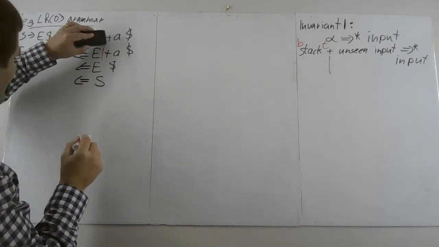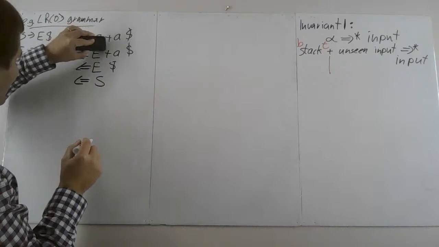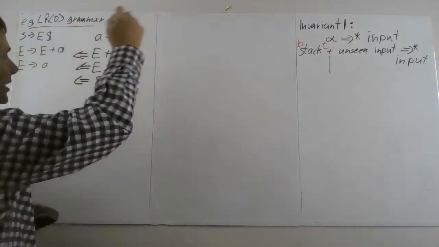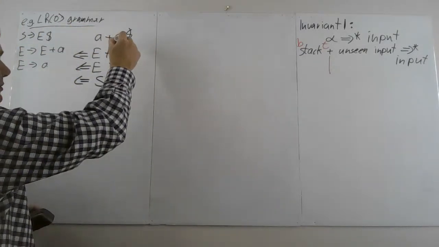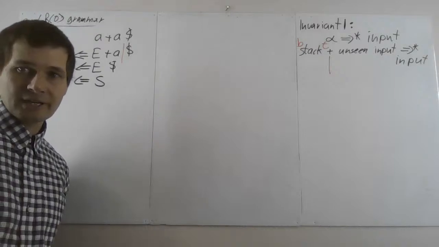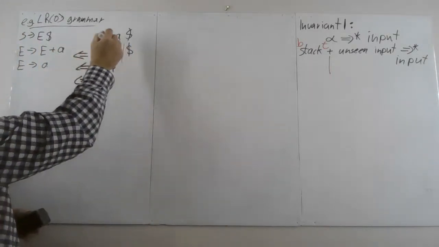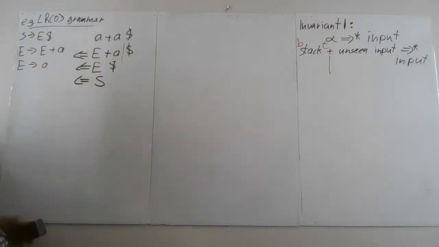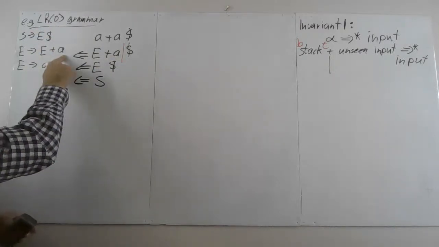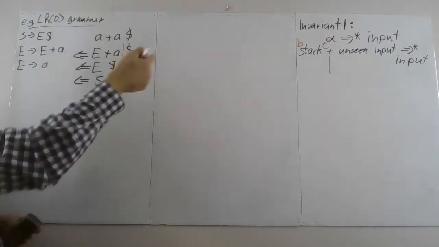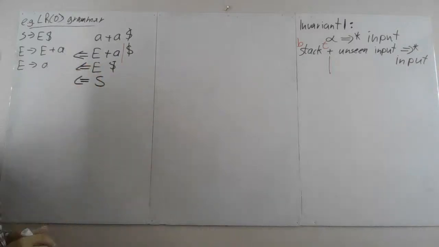You would take two symbols, one after the other, read them off the unseen input, and push them onto the stack until you're here. And now, the top of the stack matches the right-hand side of a production, E plus A. So we can do another reduction and get to here.